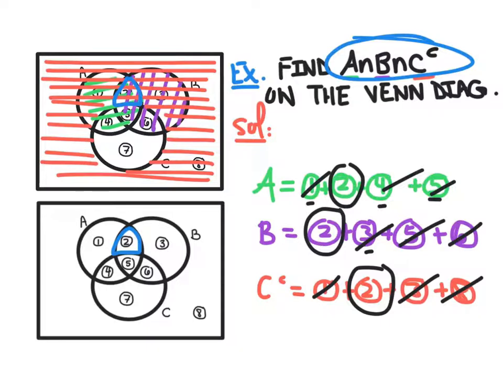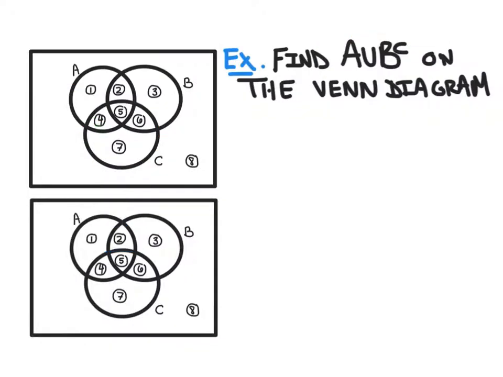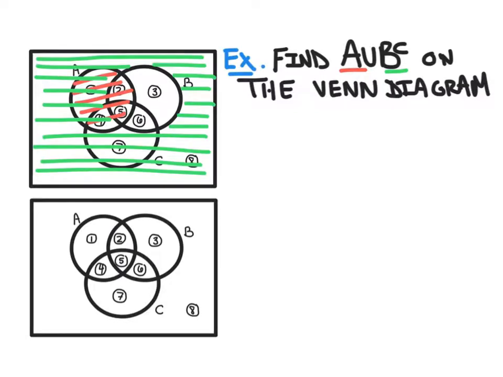Let's look at how it works with unions. Let's do a similar example, but this time with A union B complement. So again, I'm going to do A in red, B complement in green. And I'm going to shade my Venn diagram so we can see where that region is. There you have the regions drawn, the green and the red. And we think about the union. The union reminds me of a marriage, joining two things together.